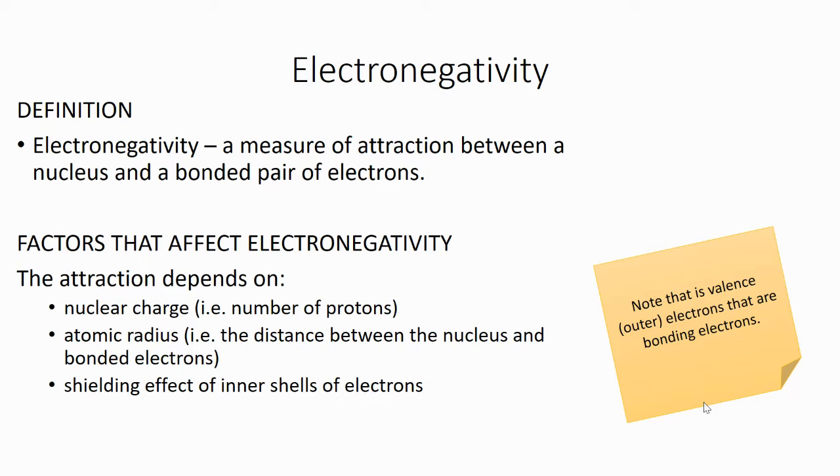That's the distance between the nucleus and the bonded electrons. So the bigger the radius, the smaller the electronegativity, because there will be less attraction between the nucleus and the bonded pair of electrons. Also affecting the electronegativity is the shielding effect of the inner electrons, that's between the nucleus and the bonded pair of electrons.